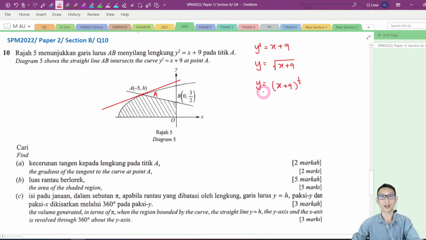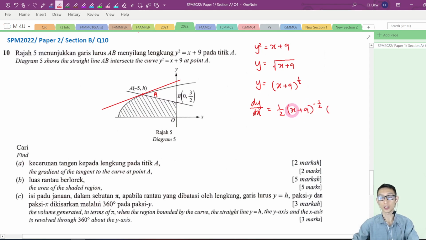Now I can start to find the first derivative of this, dy by dx. dy by dx is equal to, bring down the 1 over 2, copy this whole thing, and then don't forget the power we have to minus 1. 1 over 2 minus 1, you will get negative 1 over 2. And then you need to differentiate the term inside the parentheses.